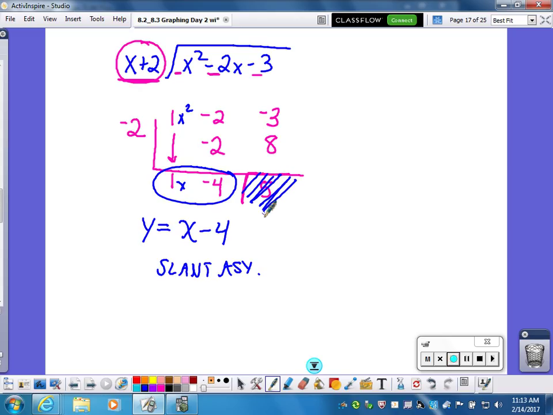We don't care about that last term there. You all were always hoping in Unit 5 for it to be a 0. It meant it was a factor, but that's not the purpose of synthetic at this point for us. We're using synthetic because we have a linear factor here, and we want to get what that slant asymptote is. So we're using it for a different purpose.